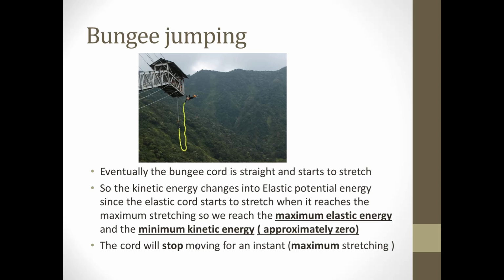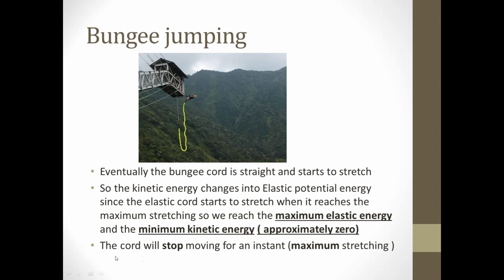That is, the kinetic energy decreases with the increase of the stretching of the spring. So if the stretching of the spring increases, the speed will decrease. When it reaches the maximum stretching, the speed is approximately equal to zero.